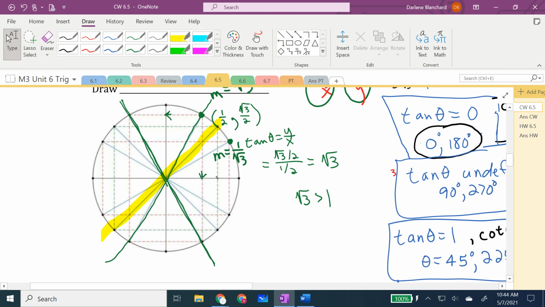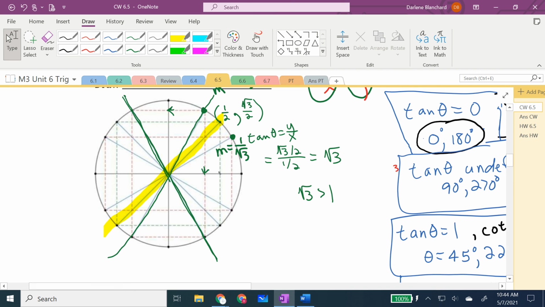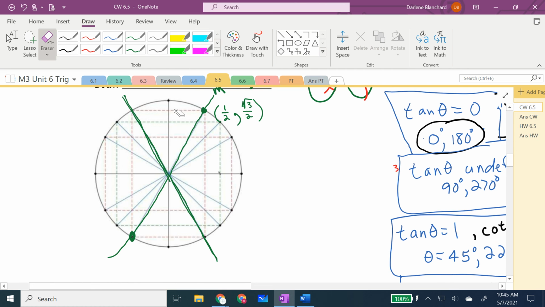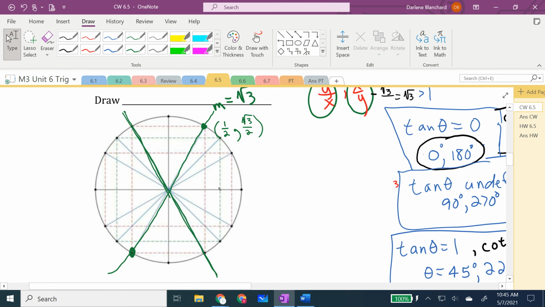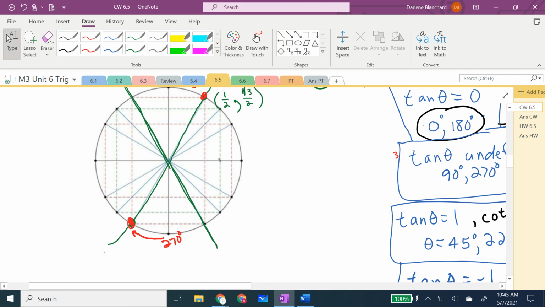Your root 3 slope that is positive, and I'm going to erase a little bit out of the way. So the positive root 3 slope happens at 60 degrees, and then this angle is 30 degrees before hitting 270, so 240 degrees.